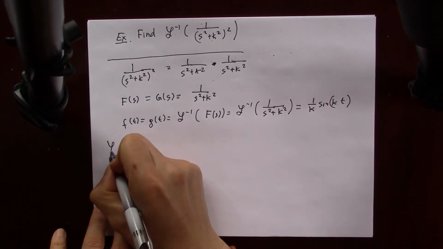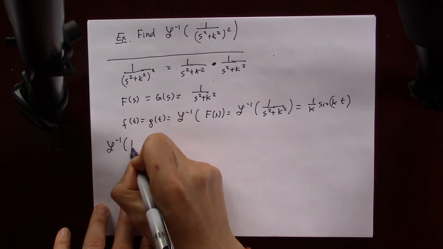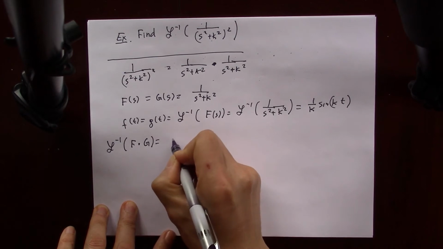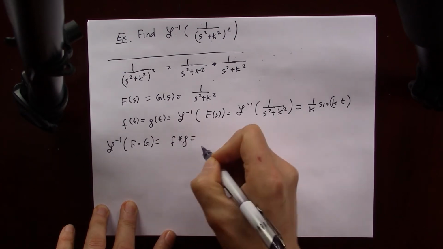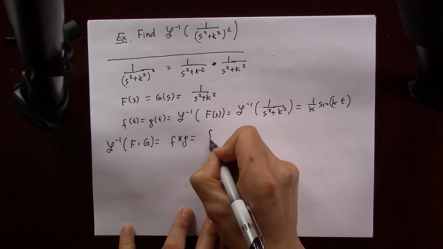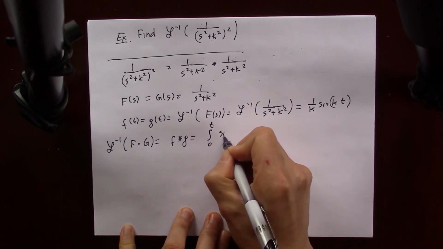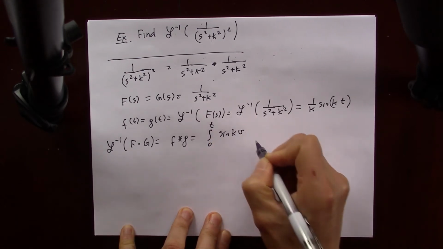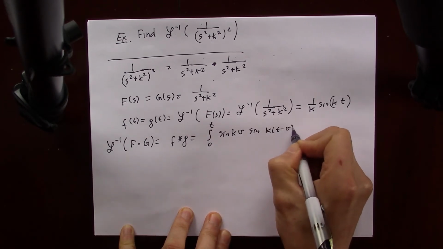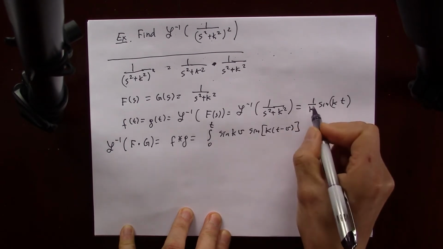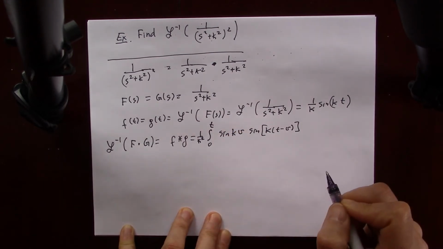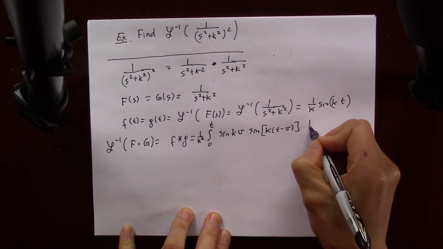Now, to find Laplace inverse of F times G, that is f convolution g. So we're going to get the integral from 0 to t of sine of kv times sine of k times (t minus v), and 1 over k times 1 over k, so 1 over k squared, I will pull in front, and integral with respect to v.